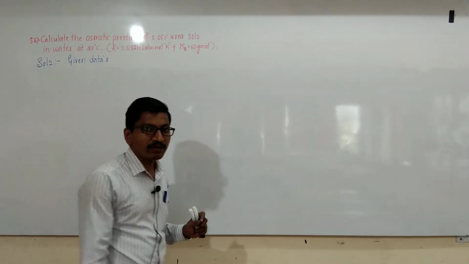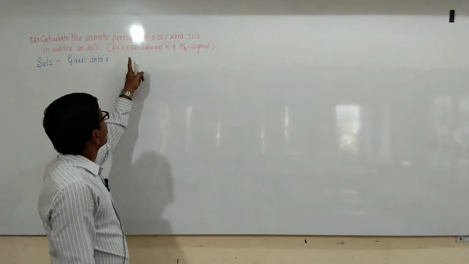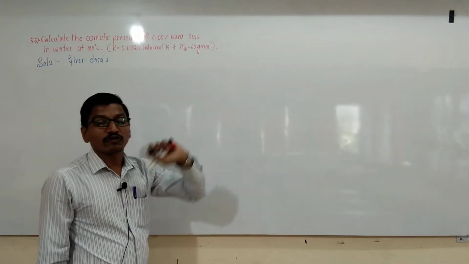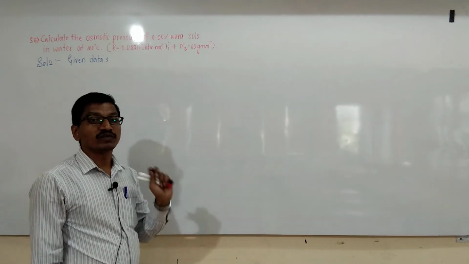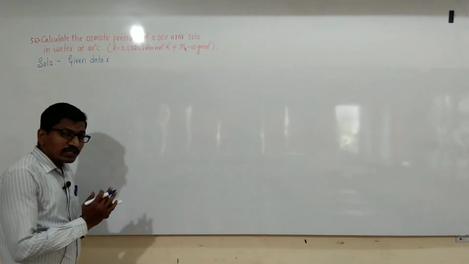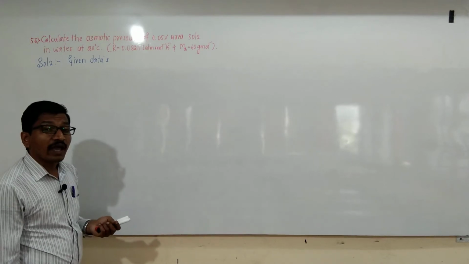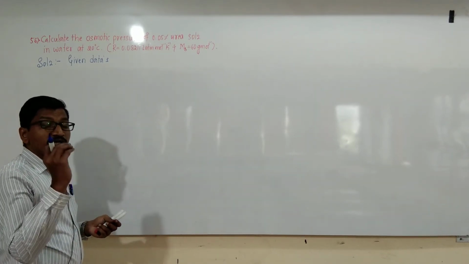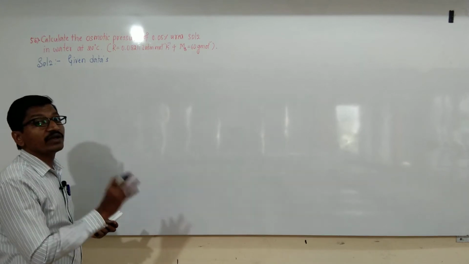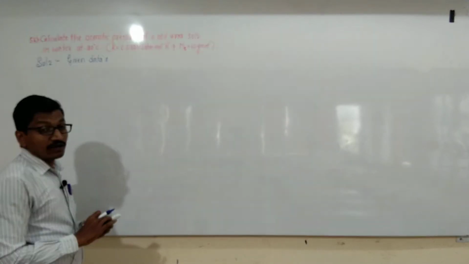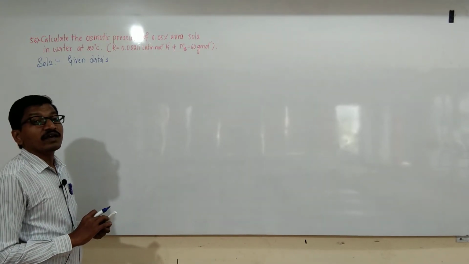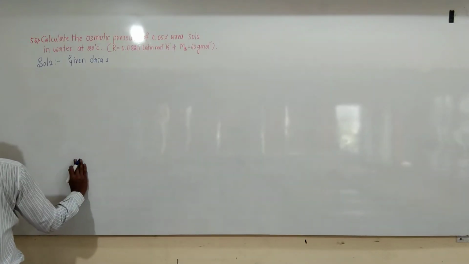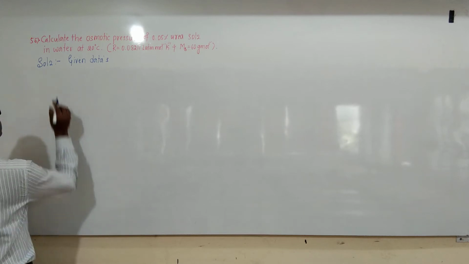From this statement and the given values R and MB, we calculate the osmotic pressure of the solution. 0.05% urea solution in water means 0.05 gram of urea is dissolving in 100 ml of solution.